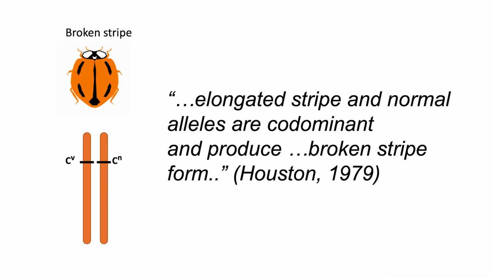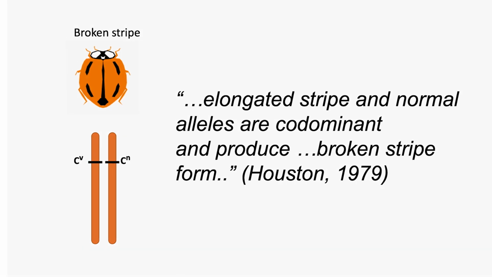When Houston studied these lady beetles, he said, elongated stripe and normal alleles are codominant and produce broken stripe form. Here, he used the term codominant.